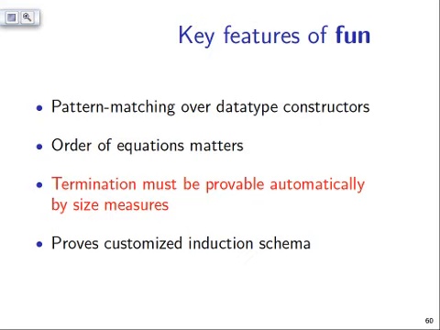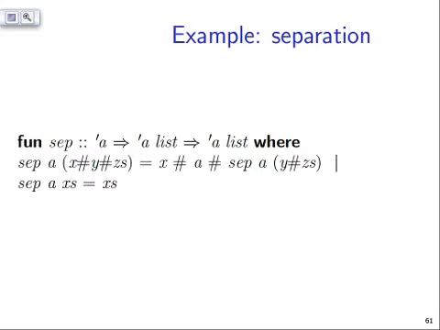So, what does this mean? Order of equation matters. As in most functional languages, the order does matter, and the equations are tried one by one. Now, say you write a function like this, the separator function that takes an element and a list and gives back a list that puts that separator in between all the elements of the list. You can write the function like this.